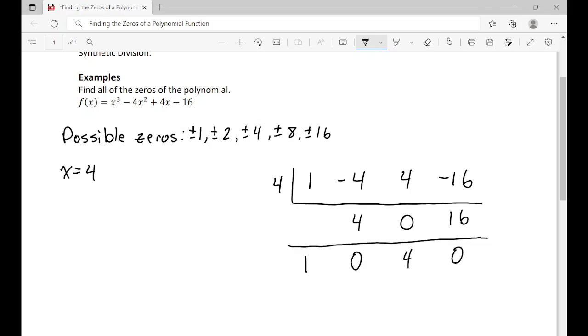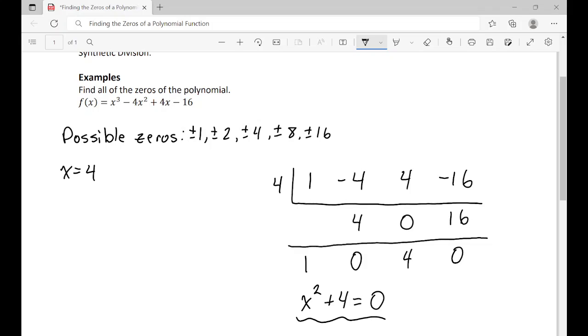And we can reduce this down as we start with a cube. This is going to be 1 less. So it's going to be 1x squared, no x term, and then a positive 4. So that's the remaining polynomial, and we're going to set it equal to 0. Now this is pretty easy to solve for since it just has one variable.